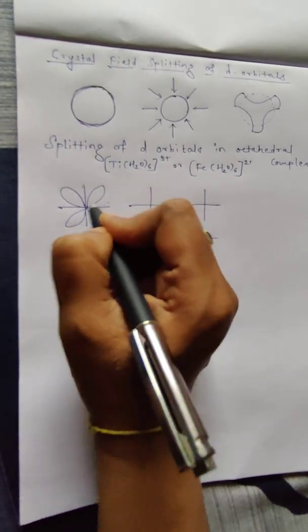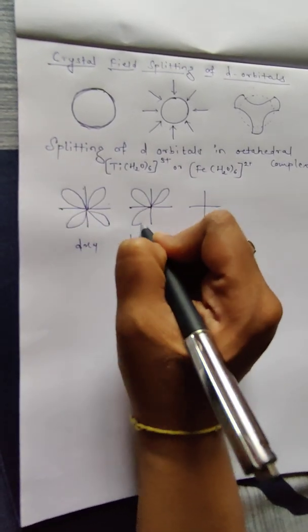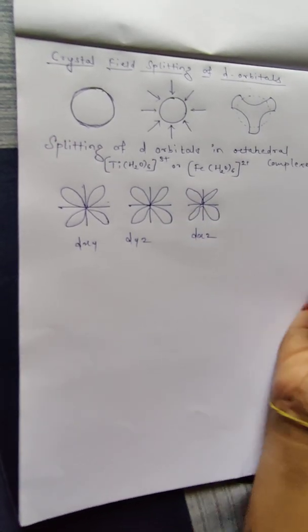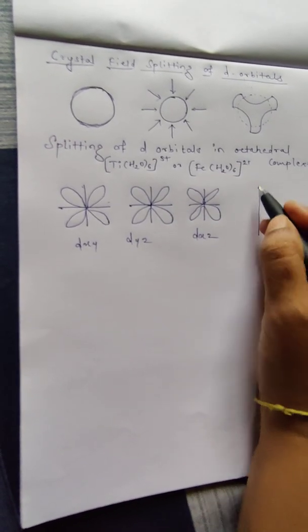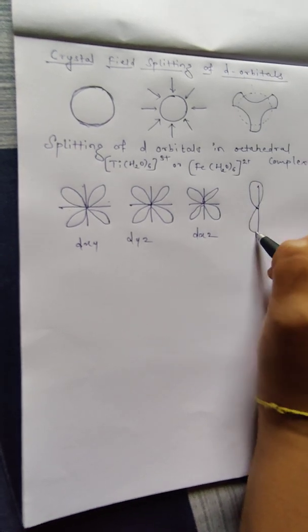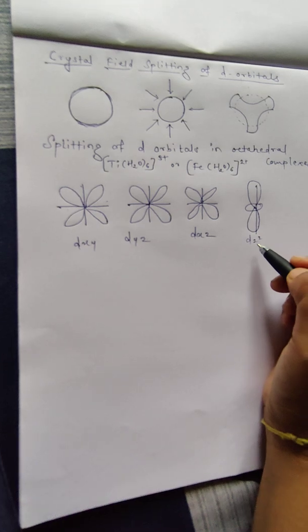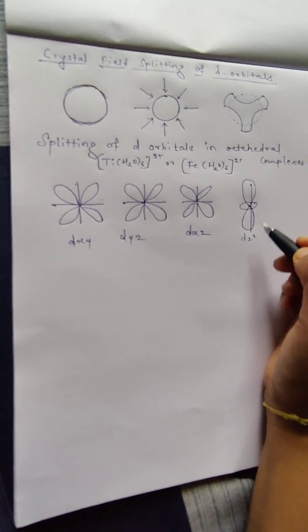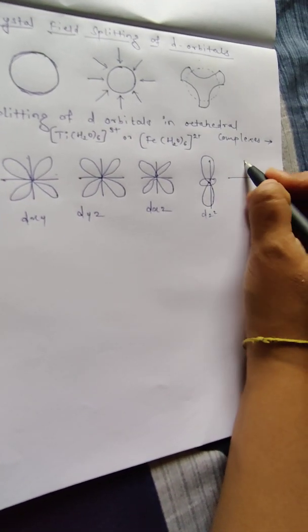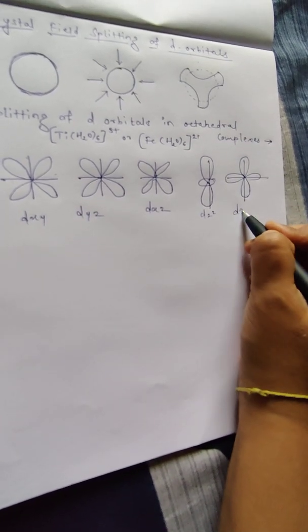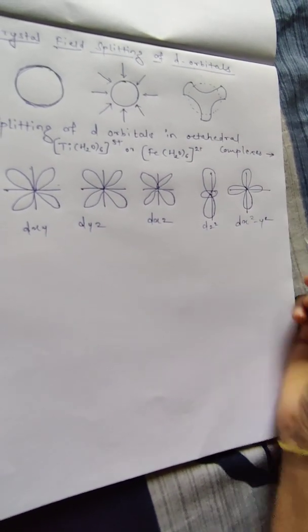Suppose these are axes, so the lobes of these 3 d orbitals are in between the axes. But 2 d orbitals are there: one is dz square, whose lobes lie along the axis, and the second one is dx square minus y square.